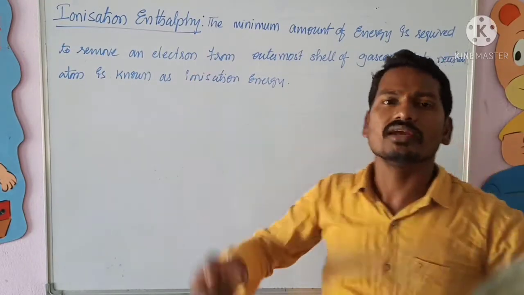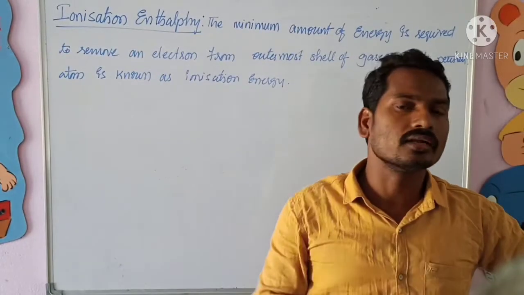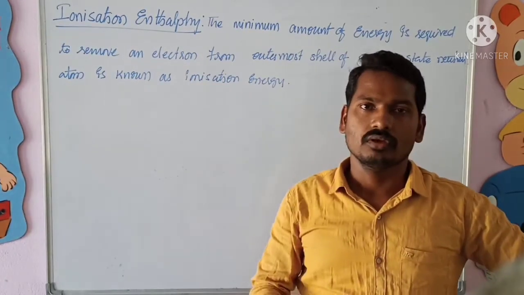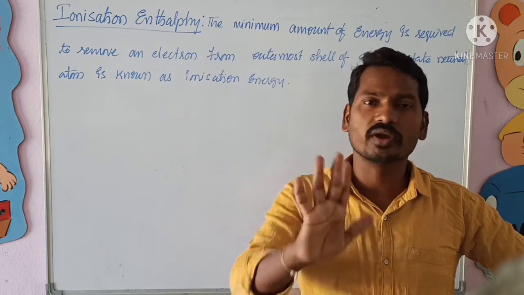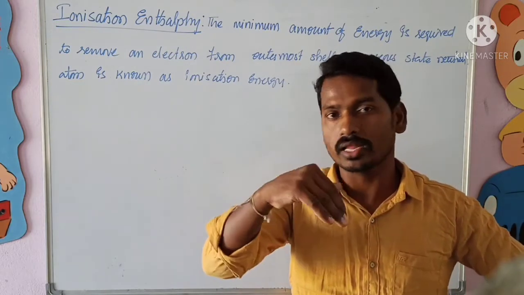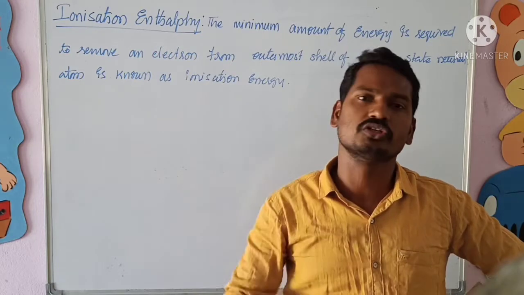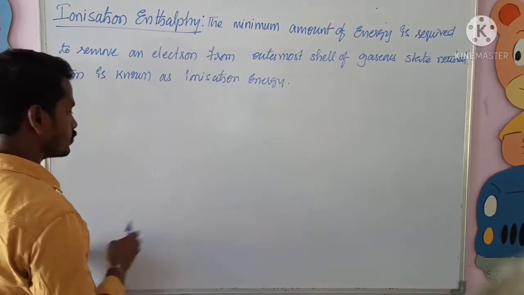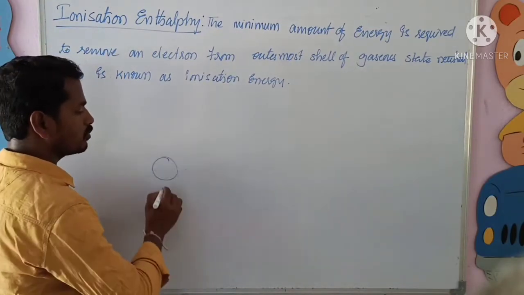By removing an electron, a neutral atom can achieve a positive charge. In a neutral atom, the number of positive particles and negative particles are equal. Take a simple example. Here an atom is there.